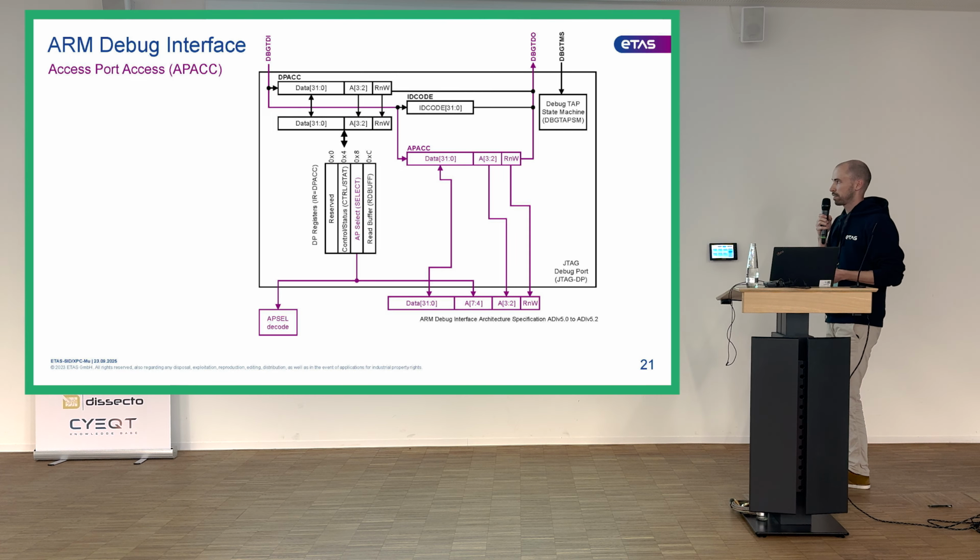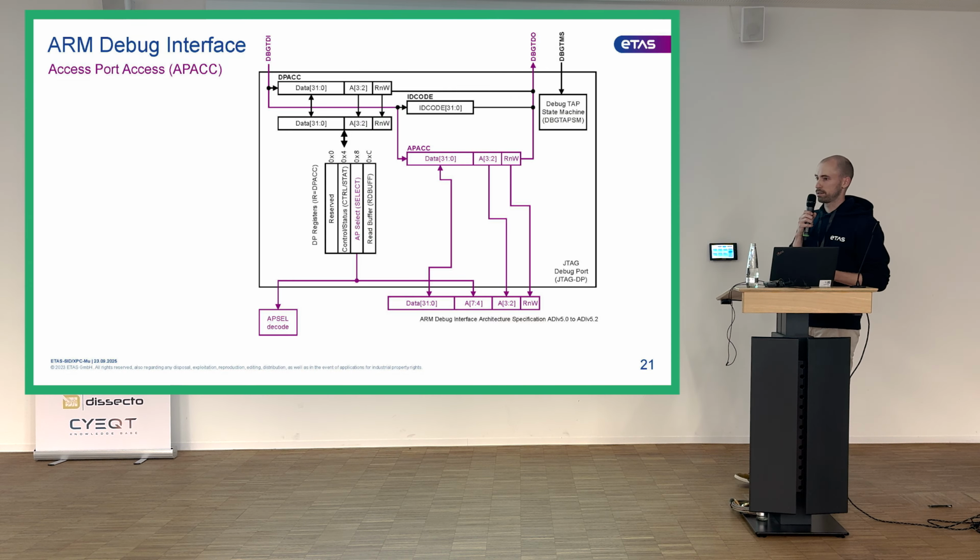And then the second thing is that once I've done that, I can access an access port. Again, I have these 35 bits. What's important is that the 2 bits of addressing that we have from the data register on top, we augment with another 4 bits from the AP select register. So that gives me not 2, but 6 bits, so 64 registers I can address, and then 32 bits of data.